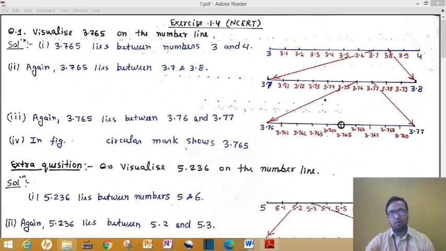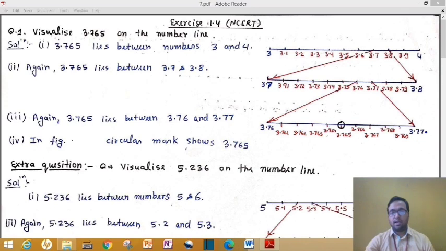So here what we will do, we will write 3.76 over here, at this first corner, and this 3.77 we will write at this corner. And again think, this is written as 760 and this is 770.